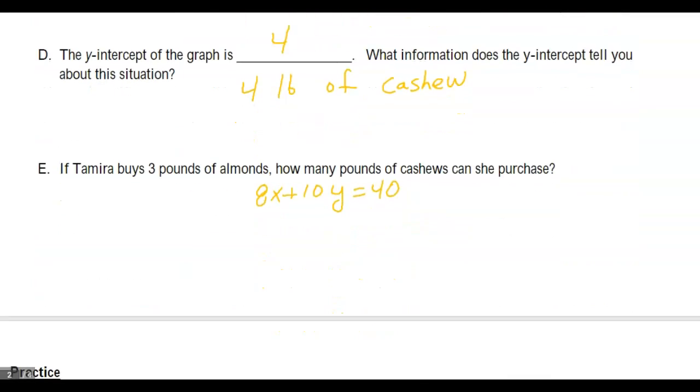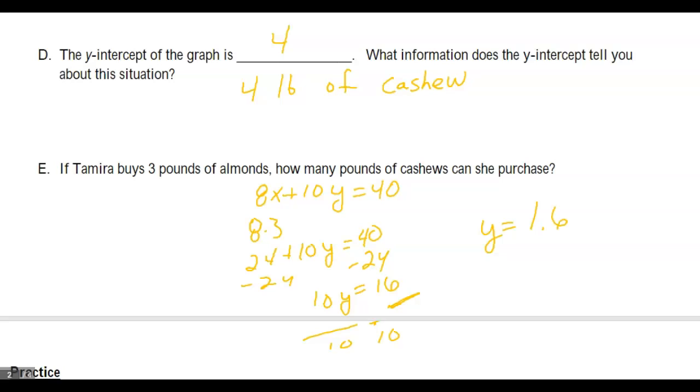Go back down here. So we have 8 times 3. That leaves us 24 plus 10y equals 40. Subtract 24 from both sides. 10y equals 16. Divide by 10. And you're going to get y equals 1.6 when we move that decimal over.